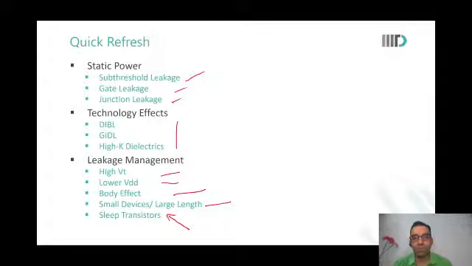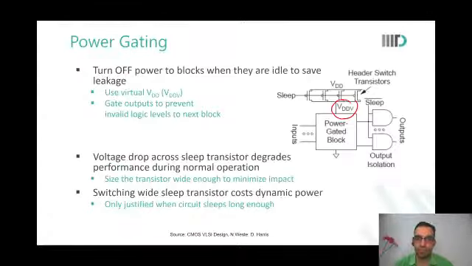So, I have a doubt in the previous slide. We are adding these PMOSes to cut off the connection between VDD and our logic, right? Now, when these PMOSes are turned off, there would be some sub-threshold leakage in those PMOSes also. Yes, that will come.